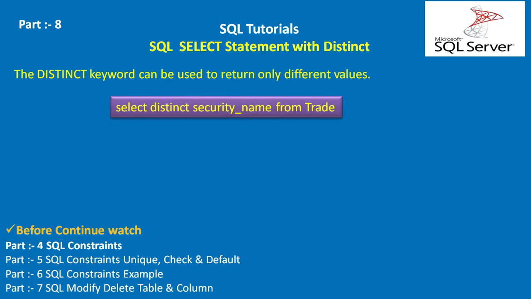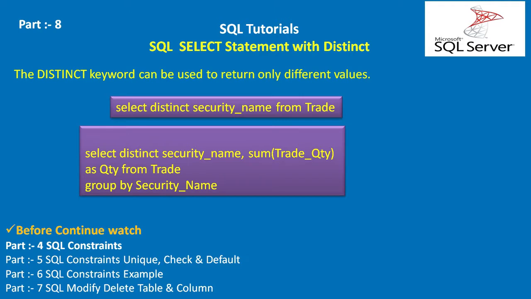So here is a sentence: select distinct security name from a table. Now we use group by in this query, which we will discuss in the next video. But in this video we use the sum function, group by and the distinct keyword.